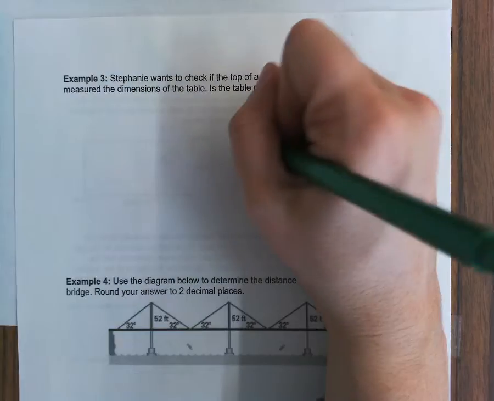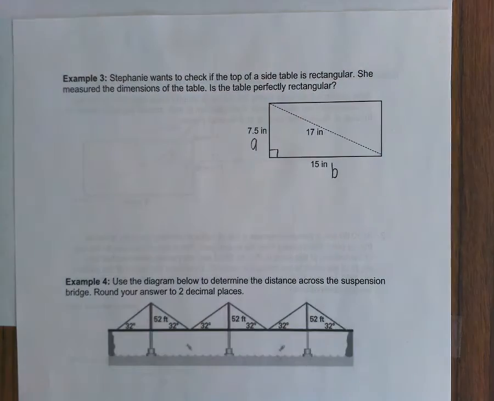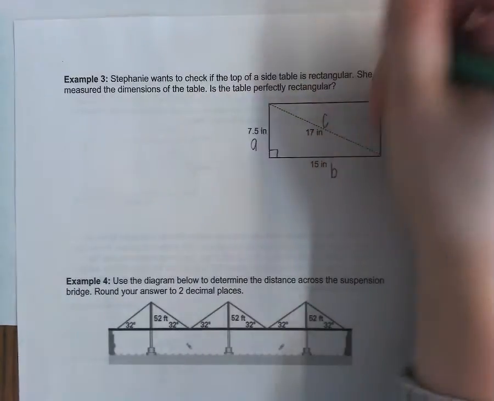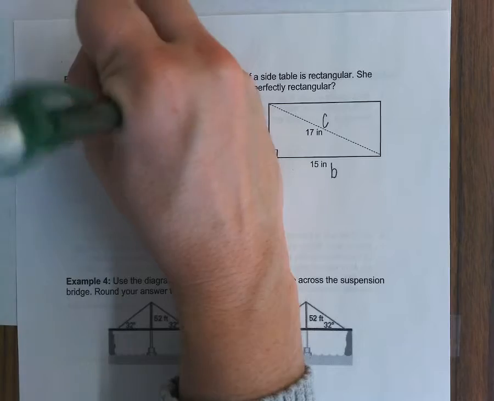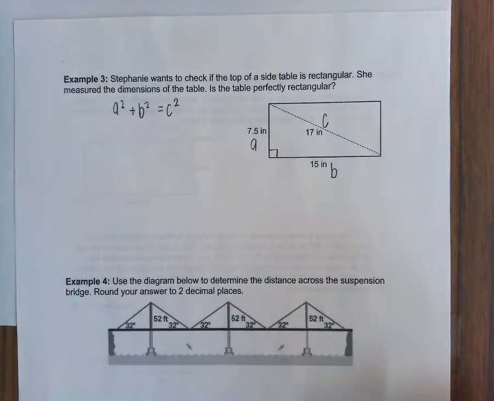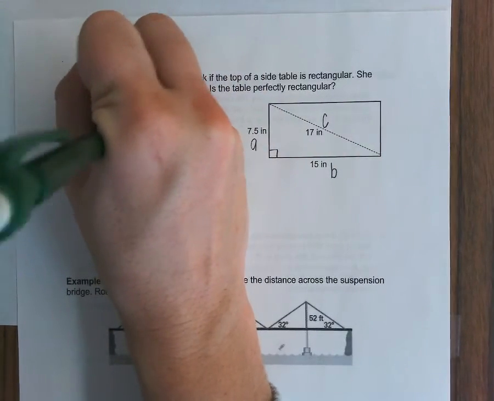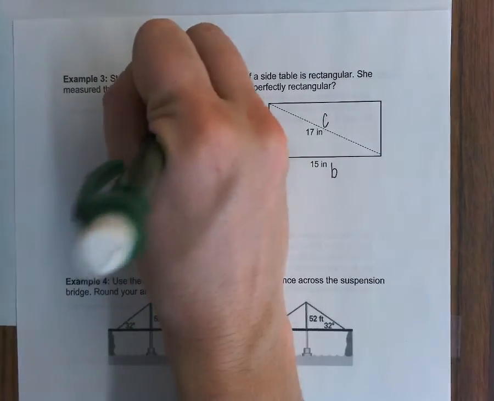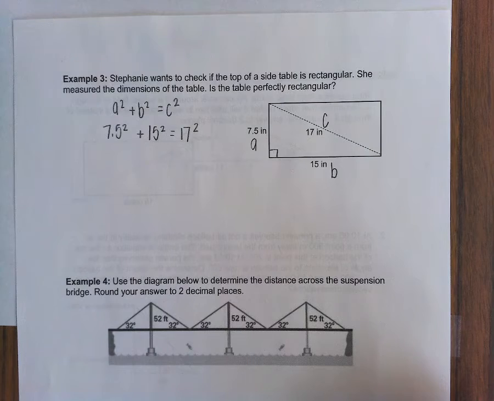So here, remember in Pythagorean theorem, we label our legs A and B, and our hypotenuse is C, and A squared plus B squared should equal C squared. That would make this a perfect rectangle. So 7.5 squared plus 15 squared should be equal to 17 squared.